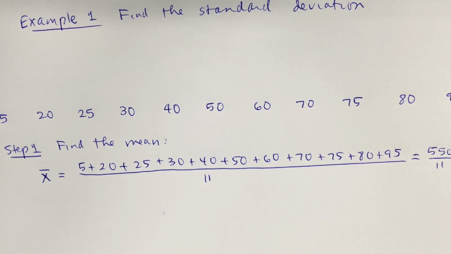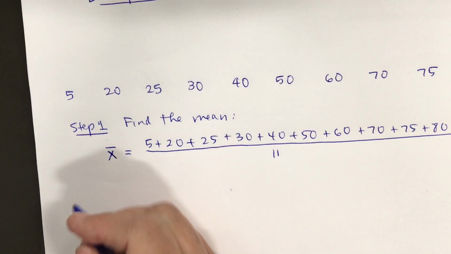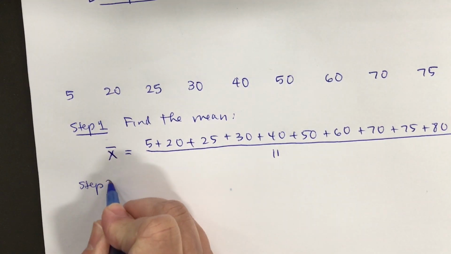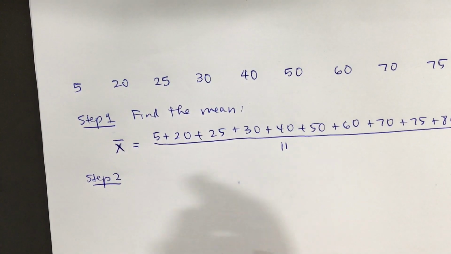On the homework problems, they have you finding the mean on some of these problems and then doing step 2. Step 2, for each score, we calculate the score minus the mean.